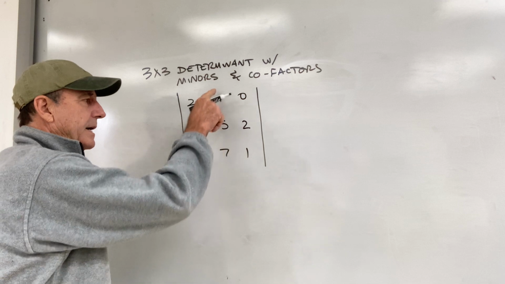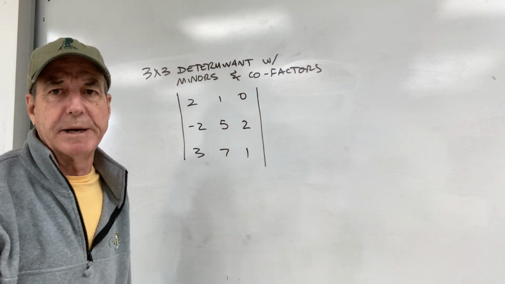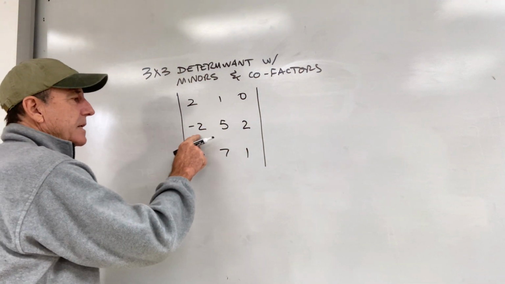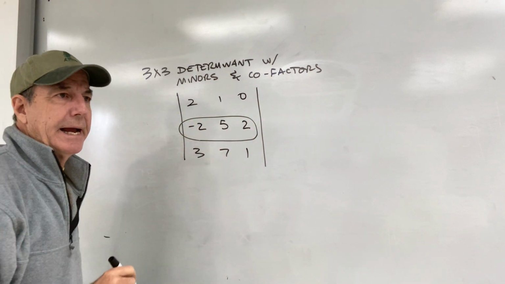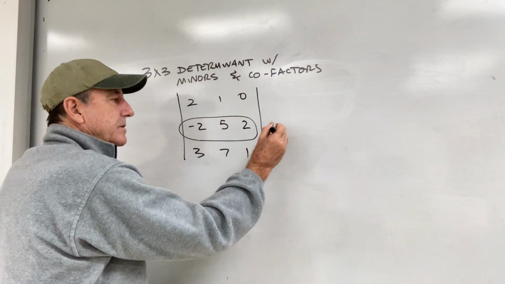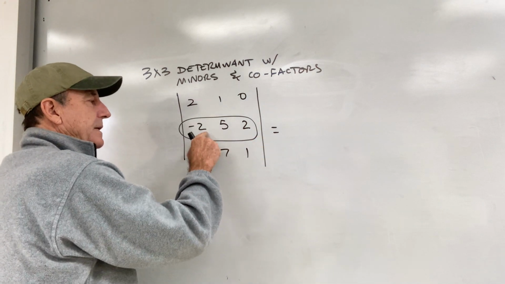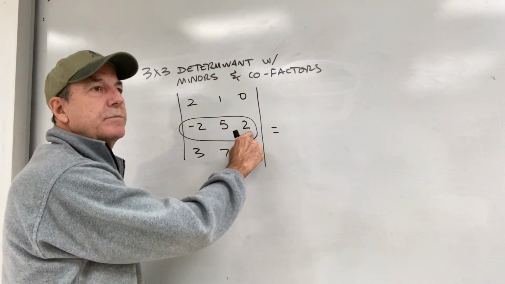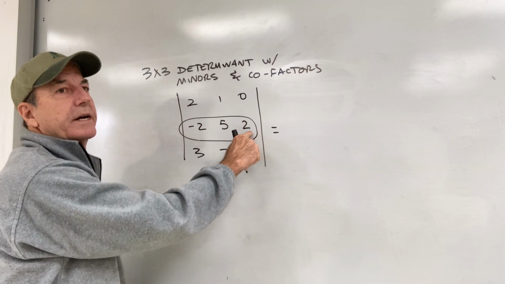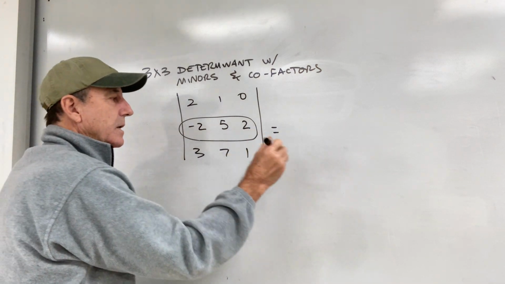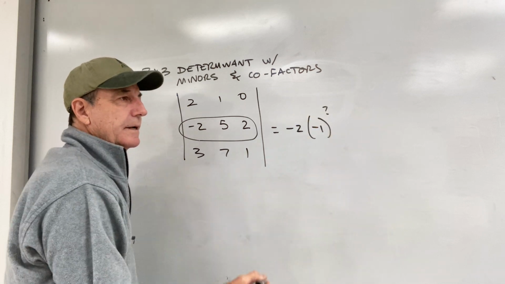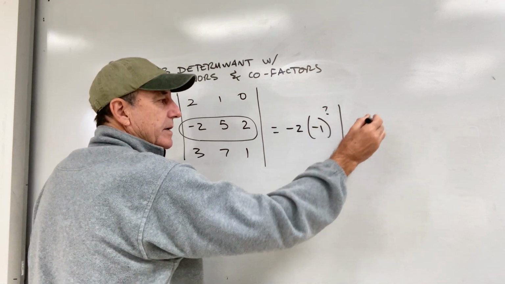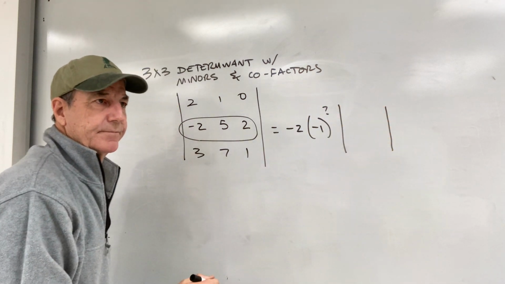Okay, so we can pick any row or any column to expand about. I'm going to pick this middle row right here to expand about. And what this is going to work out to be is these numbers times a power of negative 1. So negative 2 times negative 1 to some power, times a little 2x2 determinant, okay?